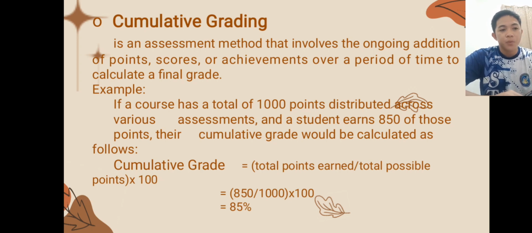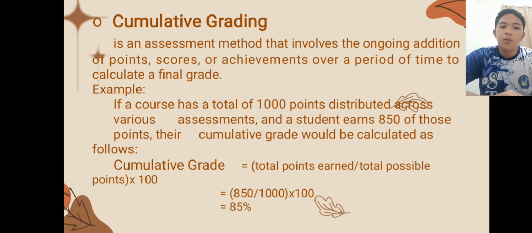For example, if a course has a total of 1,000 points distributed across various assessments, and the student earns 850 of those points, their cumulative grade would be calculated as follows.